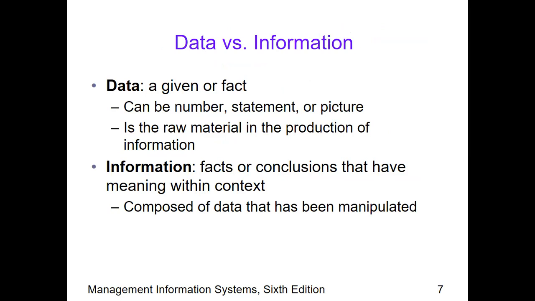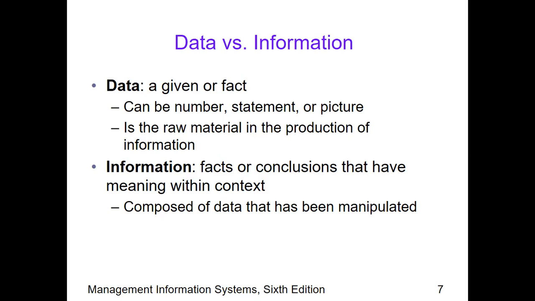It can be any number, statement, or picture. It can be both quantitative or qualitative, meaning it can be in numbers, and it can also be in descriptions, narratives, or paragraphs. This is our raw material in the production of information, meaning this is our input.